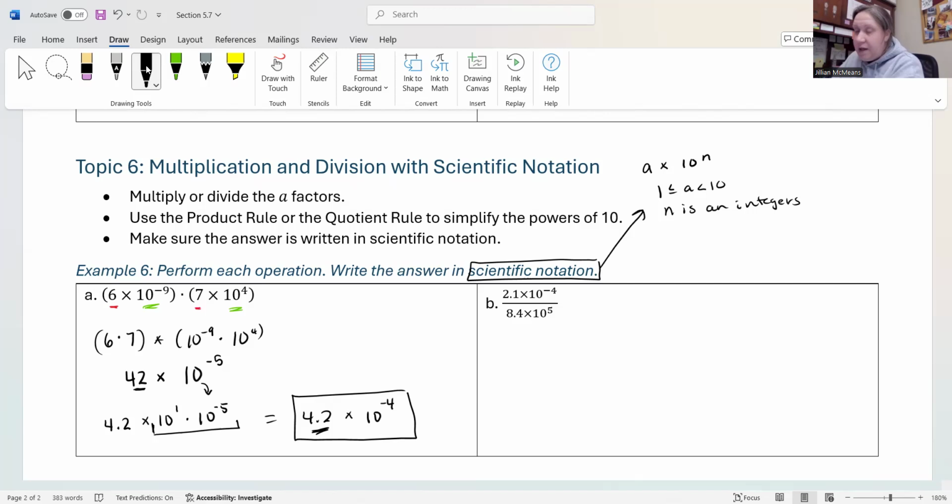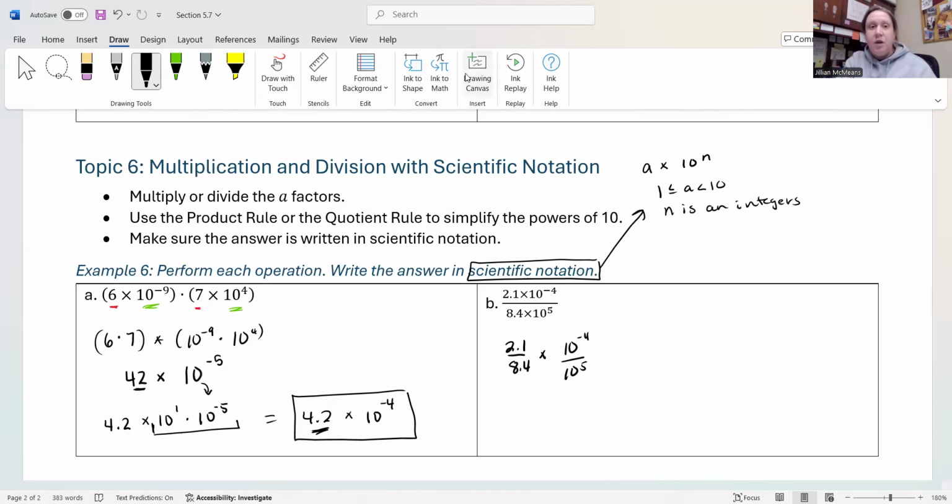All right, for part B, same process, except we're going to divide. So we're going to divide our a part and divide our powers of 10. So 2.1 divided by 8.4, and then 10 to the negative fourth divided by 10 to the fifth. 2.1 divided by 8.4, if you don't know what that is, you can kind of intuit this one. It's going to simplify to 1/4, which is 0.25.